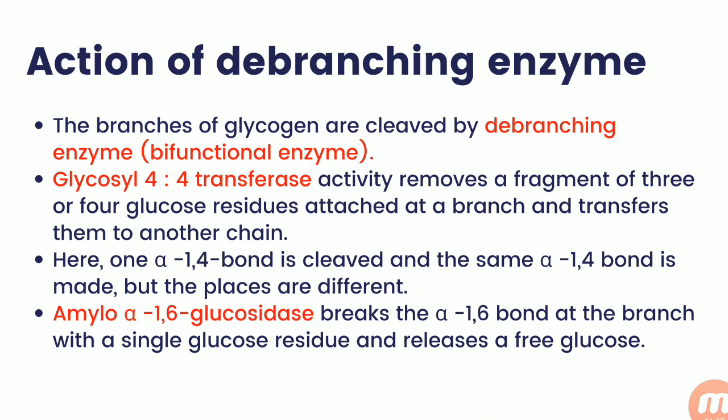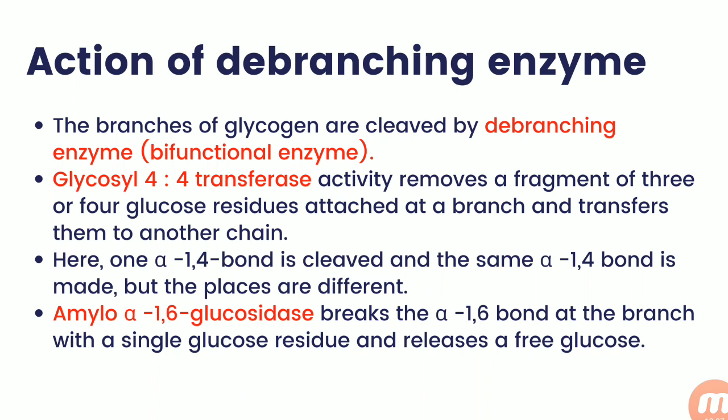Now with the help of amylo alpha 1,6 glucosidase, it breaks the alpha 1,6 bond at the branch having a single glucose residue and releases a free glucose. This second step, in which the amylo alpha 1,6 glucosidase is acting, only works when all the side chains are reduced.